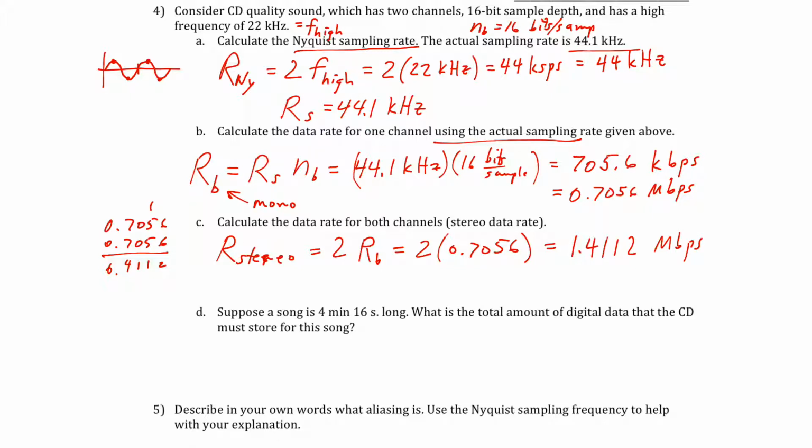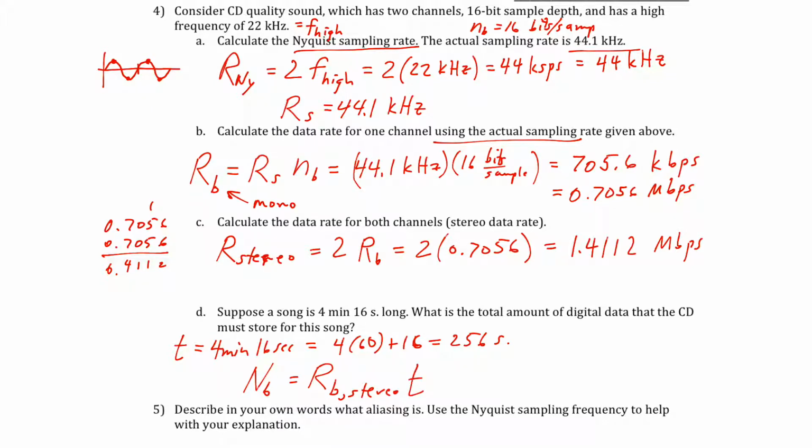Finally, 4 minutes and 16 seconds is T, and it's 4 times 60 plus 16, which is 240 plus 16, which is 256 seconds. So the total number of bits is the bit rate times the time.